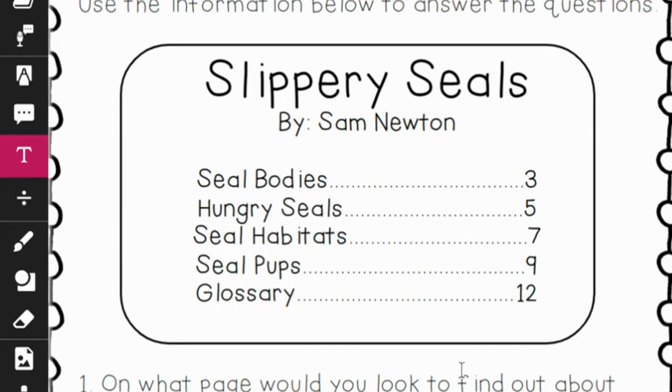What chapter do you think has information about what seals eat? If you said hungry seals, you were right. Now let's look at what page that begins on. If I look across from hungry seals, I can see the page 5, which means hungry seals begins on page 5.